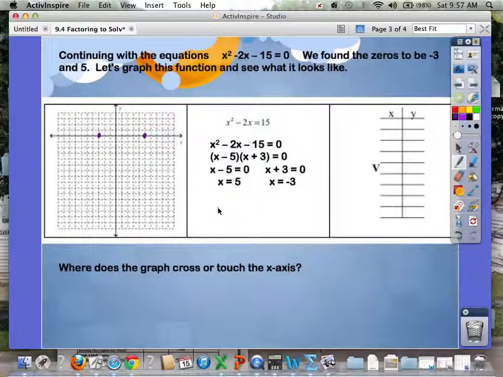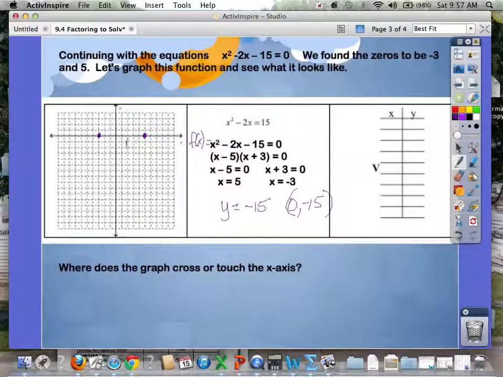Now, do you remember how to find the y-intercept? That's always the easy one to find. You plug in 0 for x and then you solve it. This would be f of x, which is the same thing as y, equals. So if you plugged in a 0, you would get y to be negative 15. That's your y-intercept, so that would be at 0, negative 15.